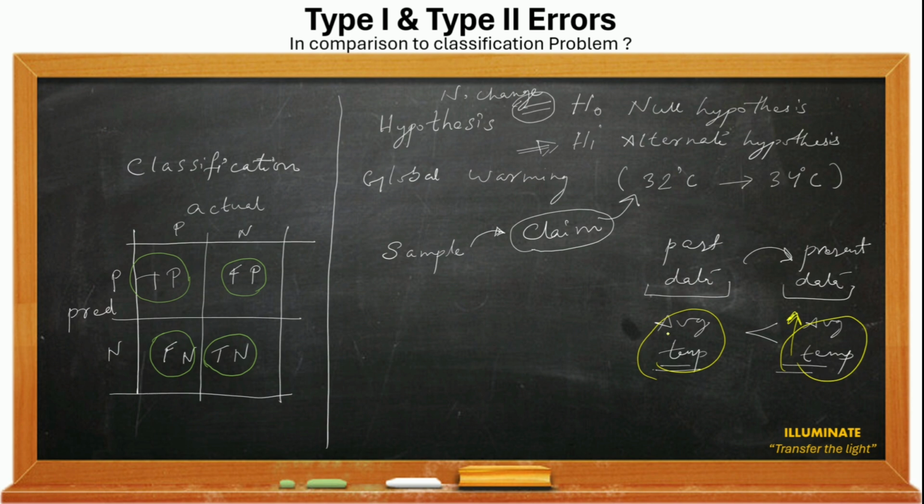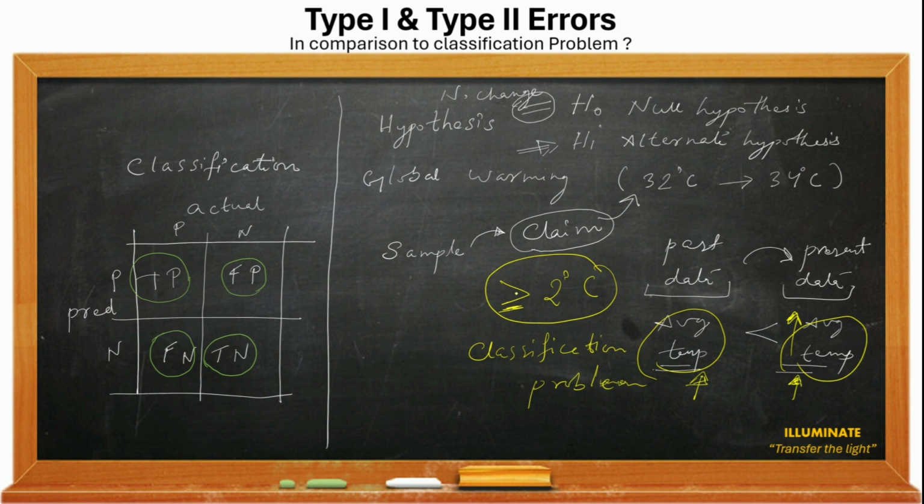So what this becomes is a classification problem again. We are classifying by saying that the temperature before and the temperature after have changed by more than 2 degrees Celsius, or at least greater than or equal to 2 degrees Celsius. This is the claim about the present temperature.